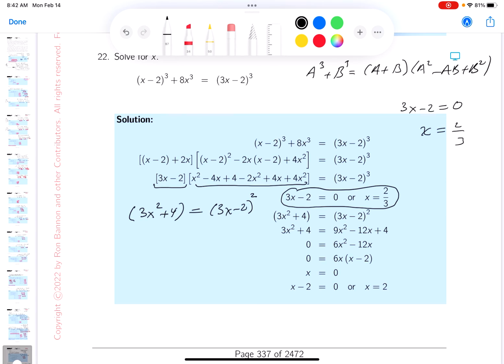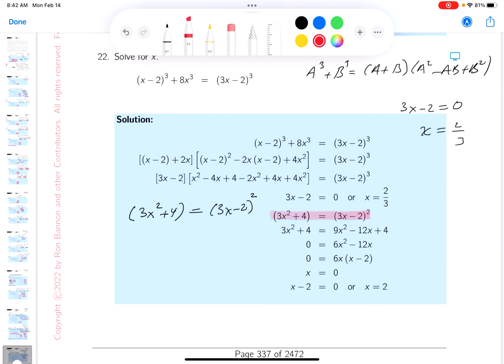And this is part of learning how to read a key. You read a key by actually reading it, not by looking at the end and saying, I wonder what the answers are. I have this written right over here: 3x squared plus 4, and the other side is 3x minus 2, quantity squared.